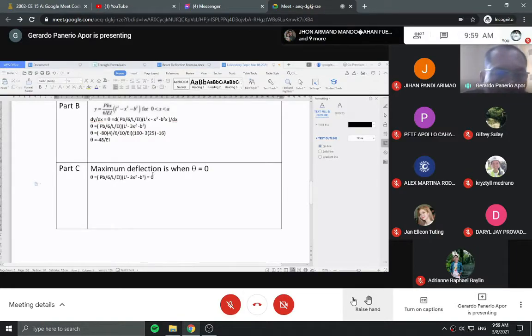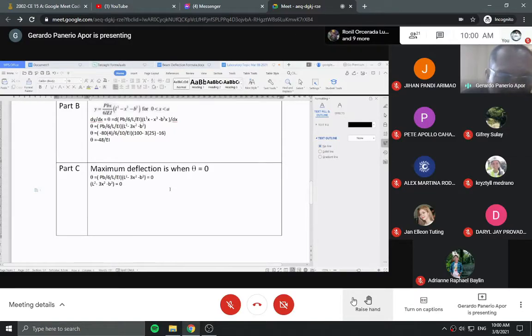So what happened is that the first parenthesis vanishes, so you will have only this equation. Then if you substitute, this is 100 minus 3x squared minus 16 is equal to 0.